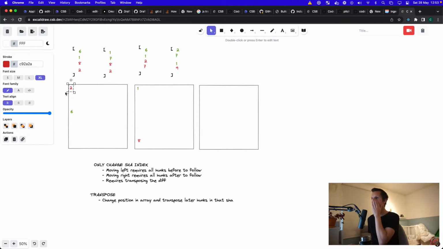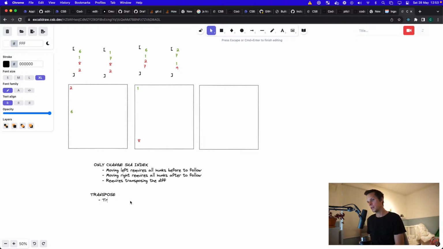Yeah, okay, this is interesting. So: transpose the hunk you move by previous hunks in the same SHA. And then move to the correct position in the array.